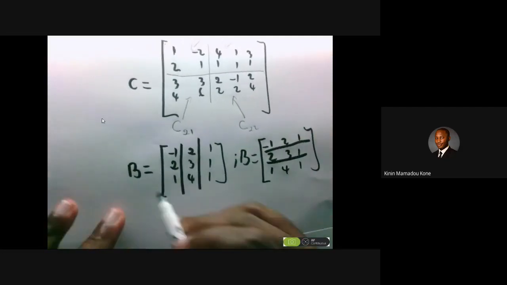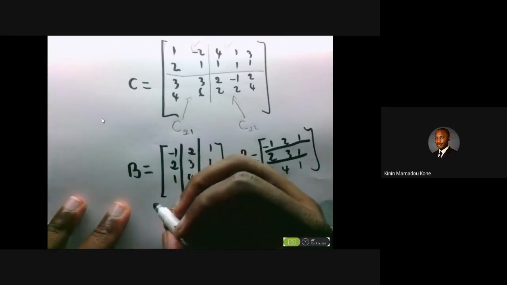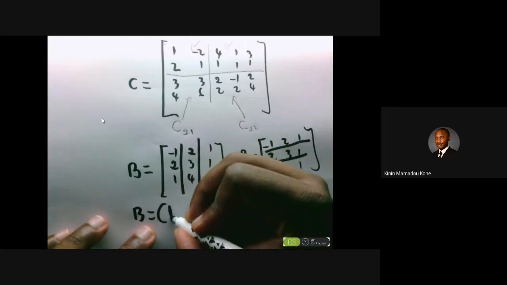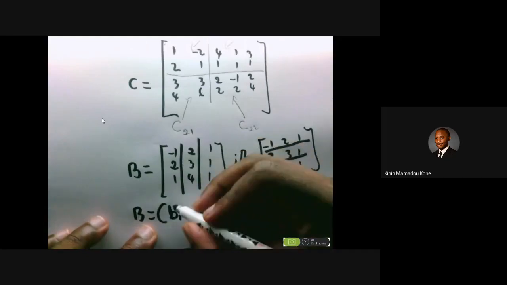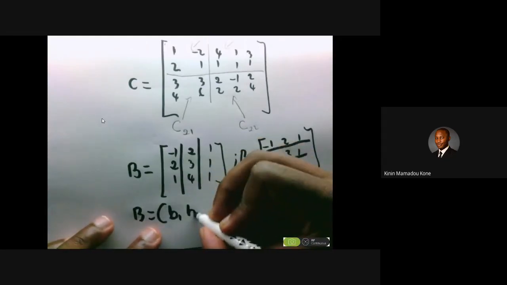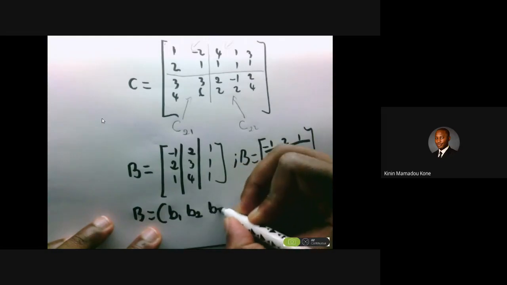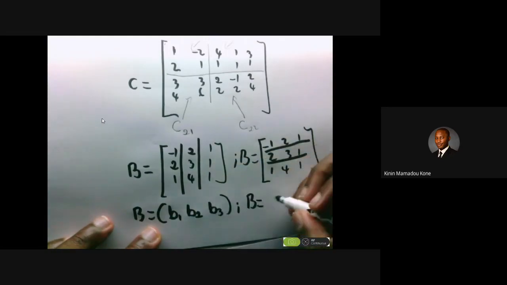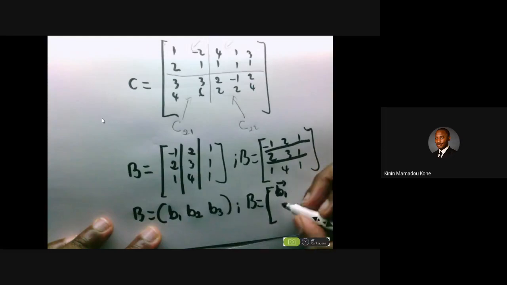So this partition of B will be written in terms of B1, which represents one column vector, B2, and then B3 as one column vector. Or in terms of row vectors, I will have written it as B1, B2, and then B3 like this.